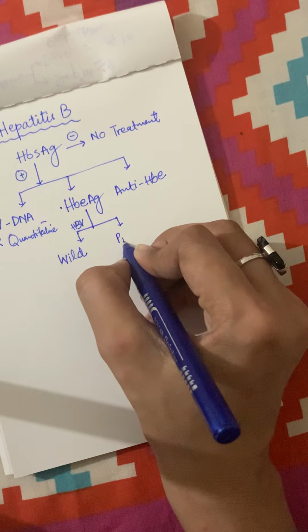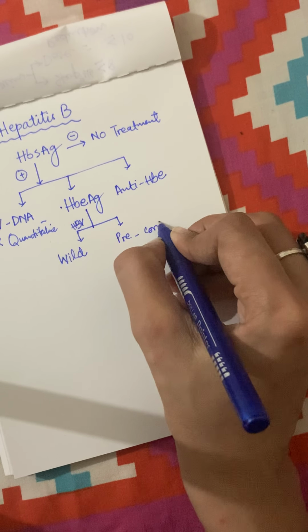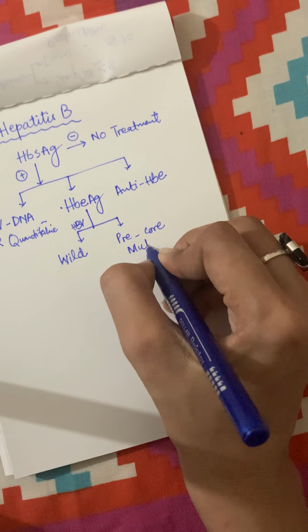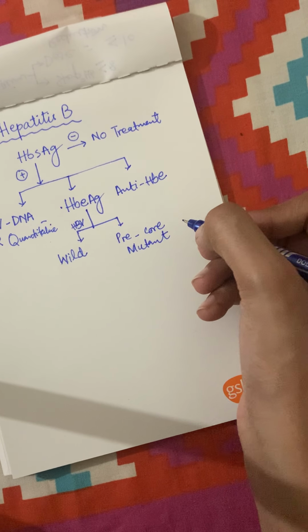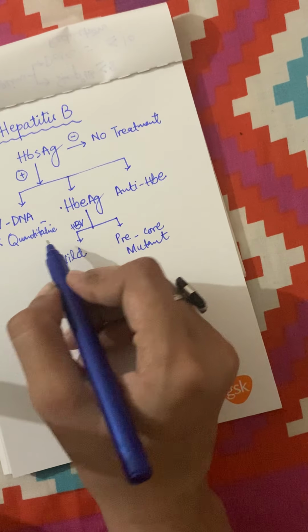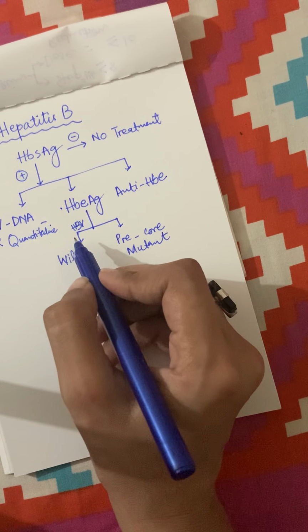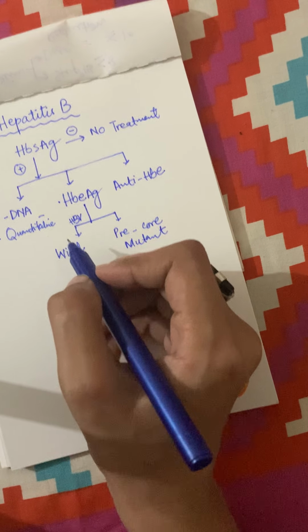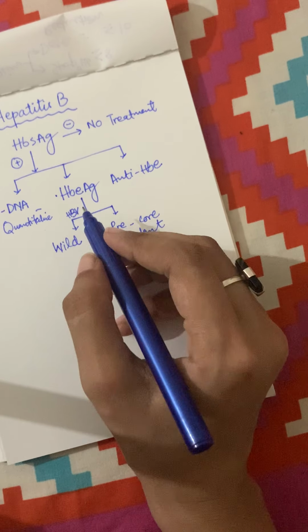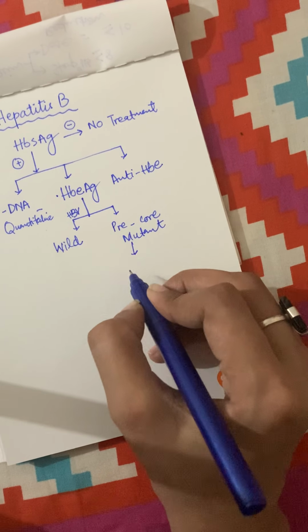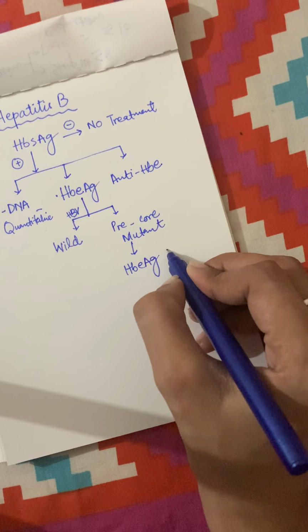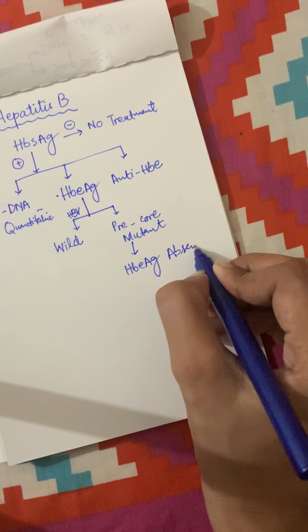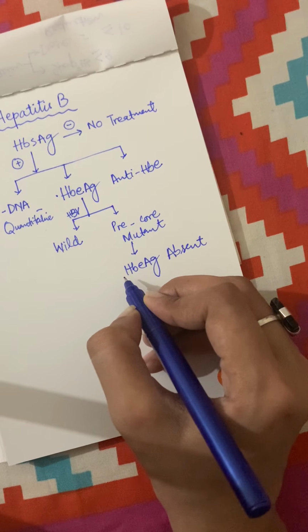The second one is pre-core mutant, a rare type in which there is a genetic mutation in the viral antigens and E antigen is absent. As there is no antigen, there would be no antibody.